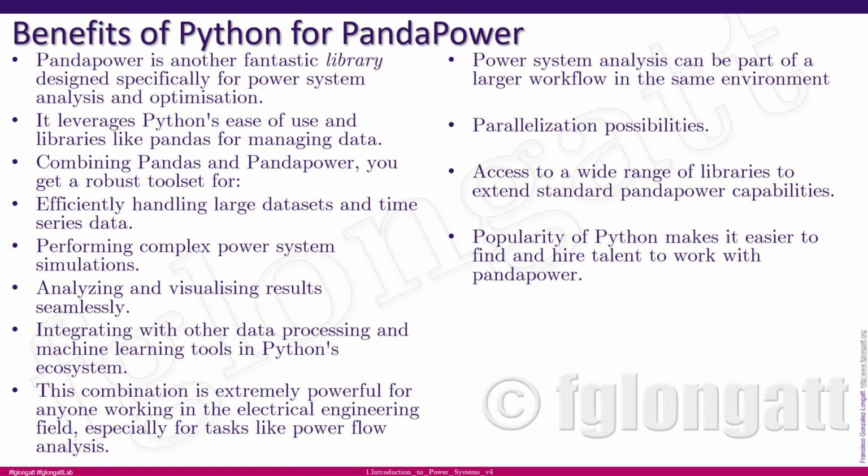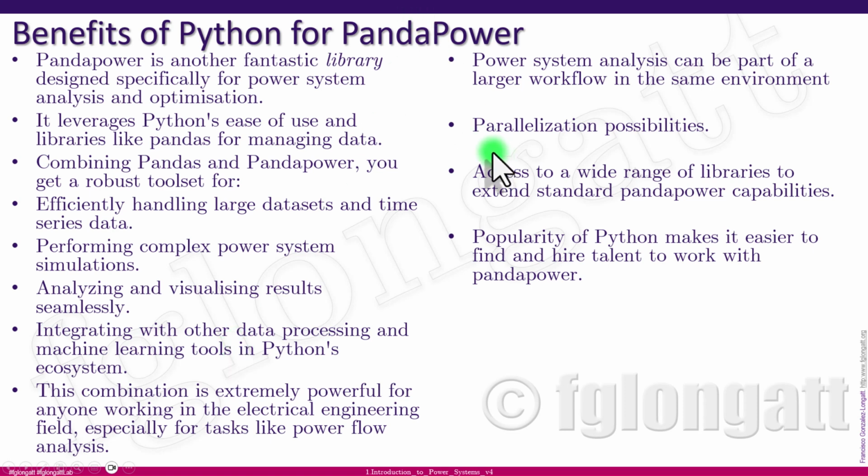There are many benefits of using PandaPower, including a very good connection with Python libraries. So if you are interested in machine learning, artificial intelligence, and so on, you can connect with PandaPower, and it will be easy to define scenarios, cases, and produce data for training. Also, because there are so many good libraries, visualizing and analyzing results is very powerful with PandaPower.